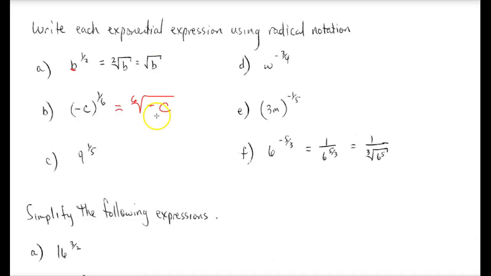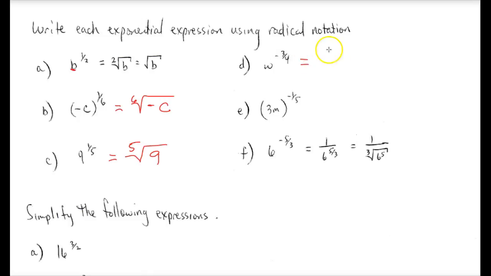And of course, we would assume here that c is going to be some value that is less than 0, because we know that for the even nth roots, we can't have any negative numbers under the radical there. Okay. All right, so for the next example here, we know that this would just be the fifth root of 9.